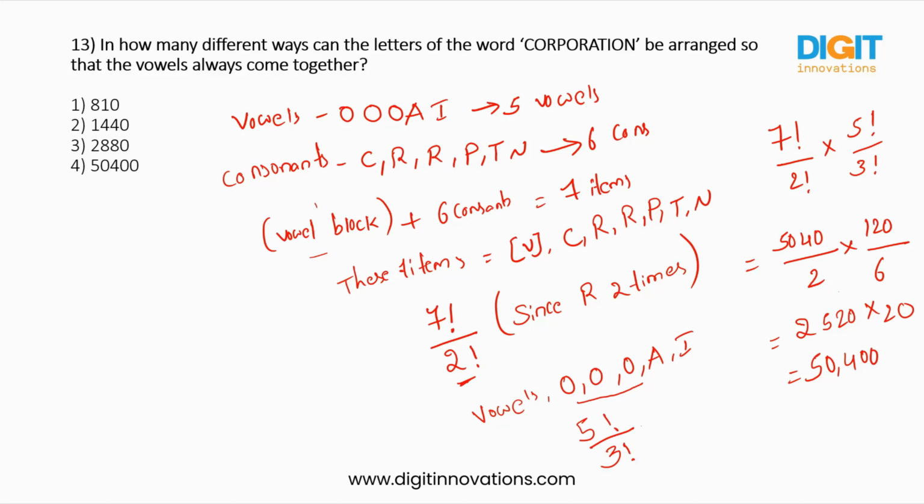Now I am only concentrating on vowels part. So vowels, when I wrote, it is O, A, I. So total 5 factorial by O is repeated 3 times. So I wrote it as 3 factorial. So when I calculated this, I got the value as 50,400.